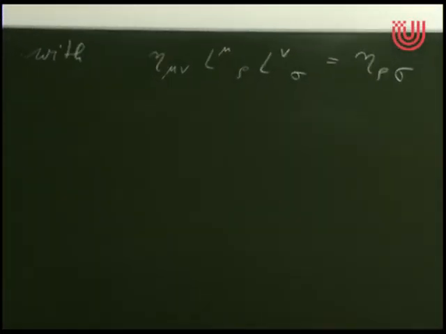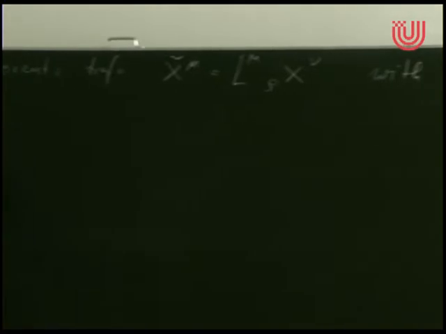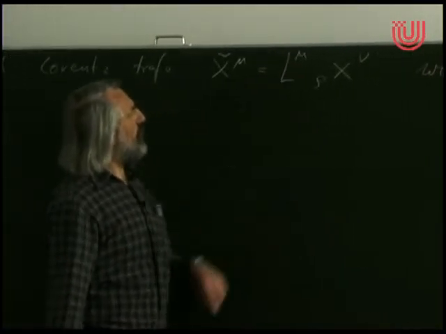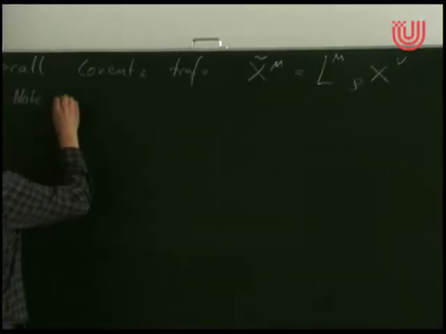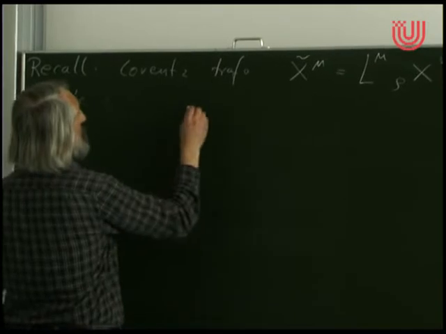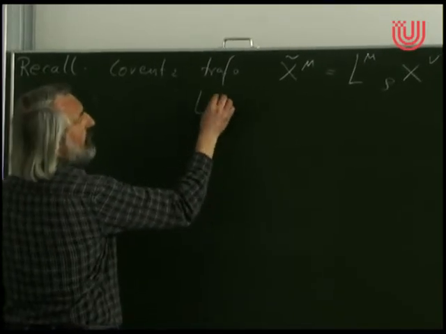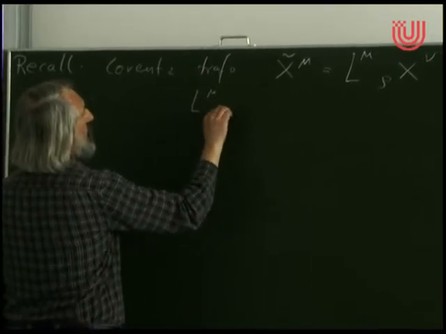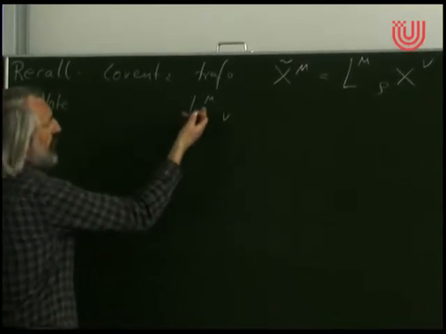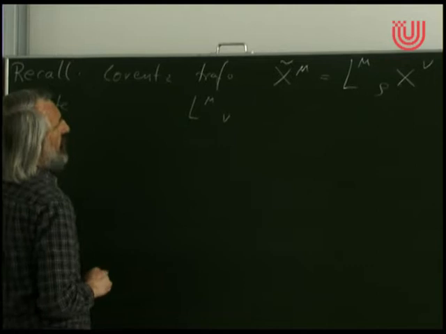So why do I not like to write these two things one over the other? The reason is that later we will raise and lower indices. So for instance, we might introduce something like that. When we have this thing here, L mu nu, we might like to raise one of these indices. For instance, we may like to lower this index mu.